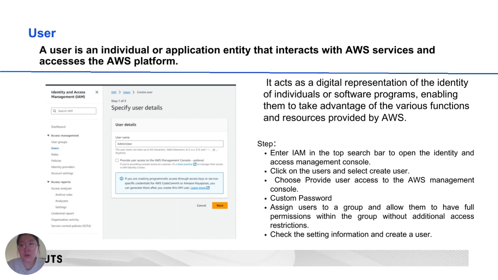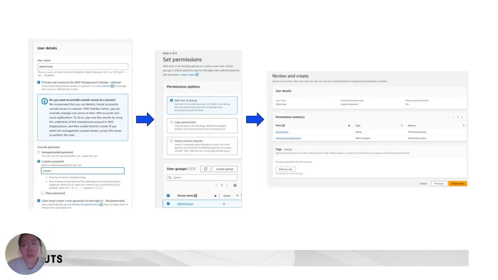To do this, I went through the following steps. I decided to provide user access to the AWS Management Console, so I set up a custom password, assigned those users to specified groups, granting them full permissions without additional restrictions. Finally, I checked the settings and created the users.